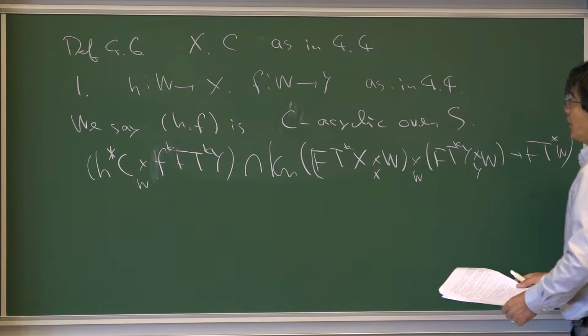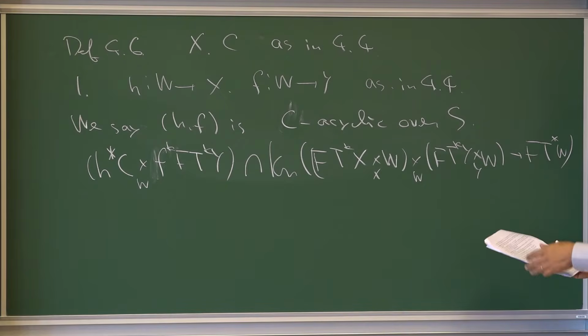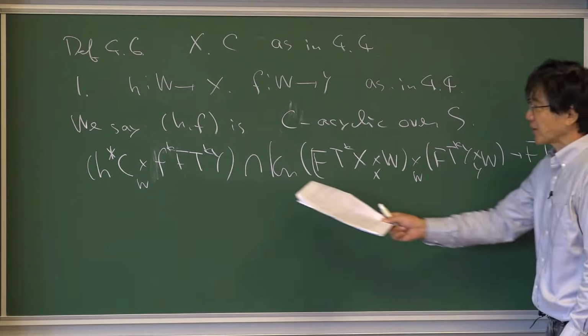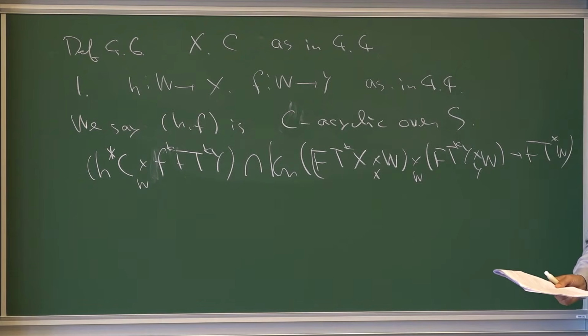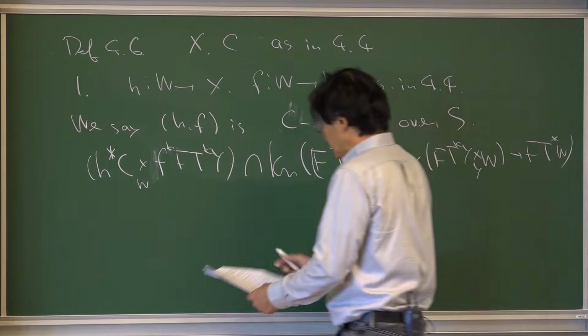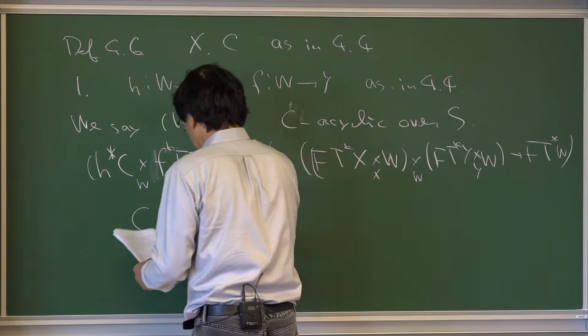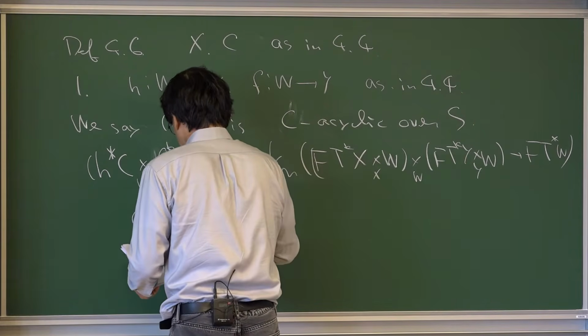So this, and in the geometric case, we just require that this intersection is the kernel of the section. But here, I require this to be a subset of the kernel.